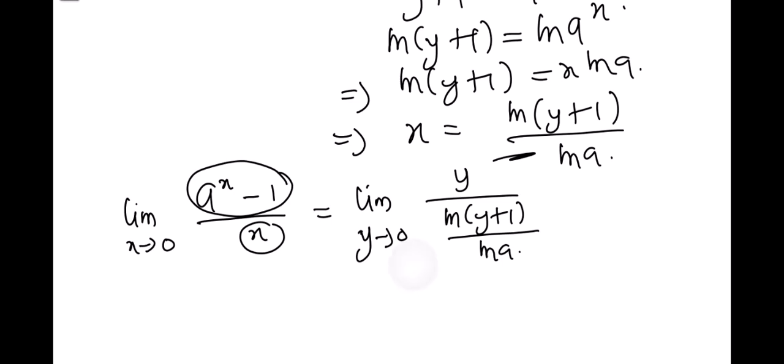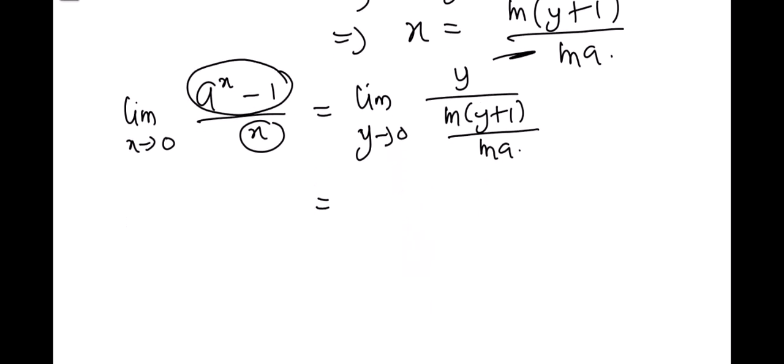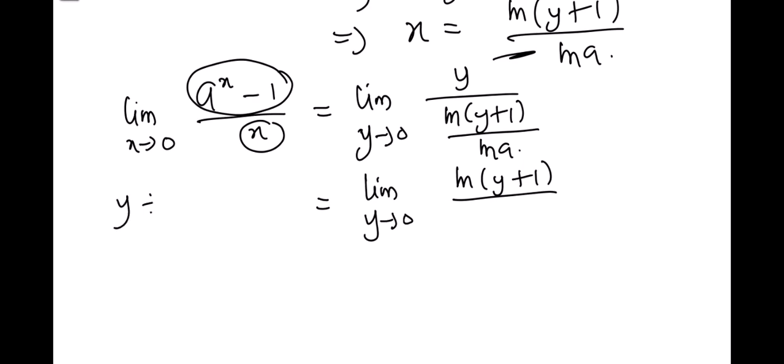And here we know that we can write this as the limit as y goes to 0 of y divided by this.